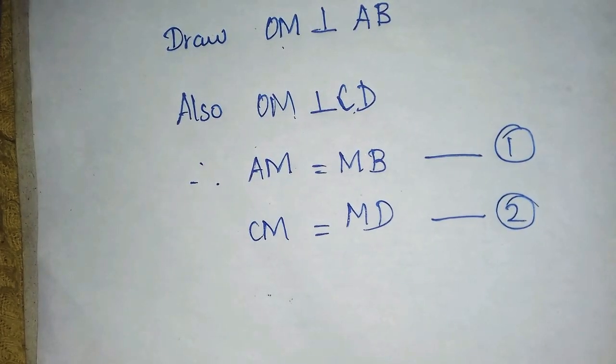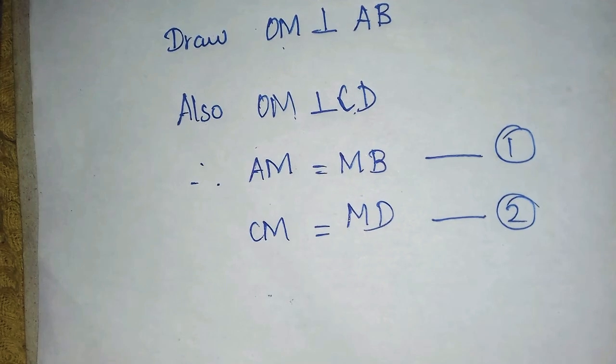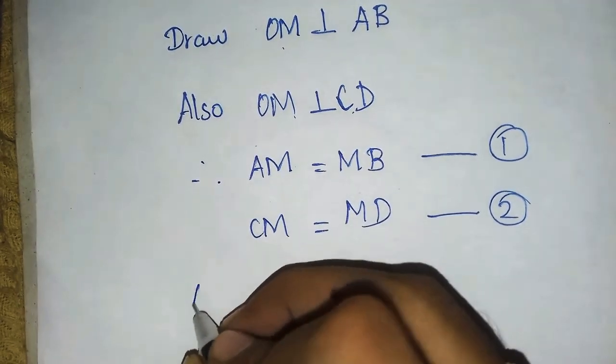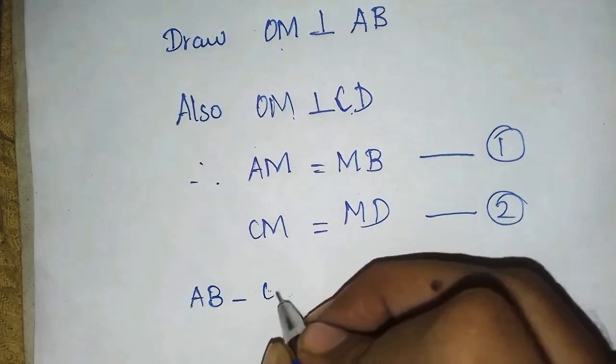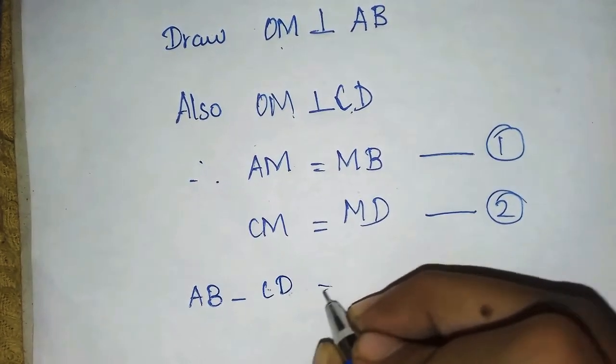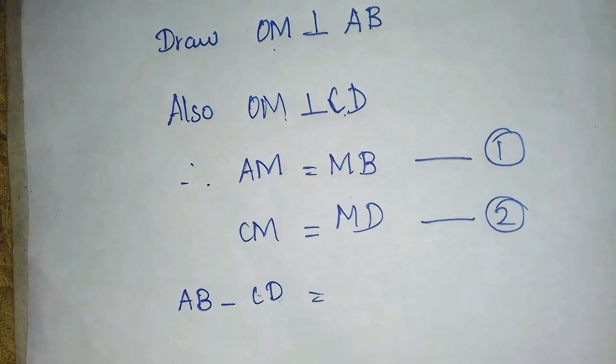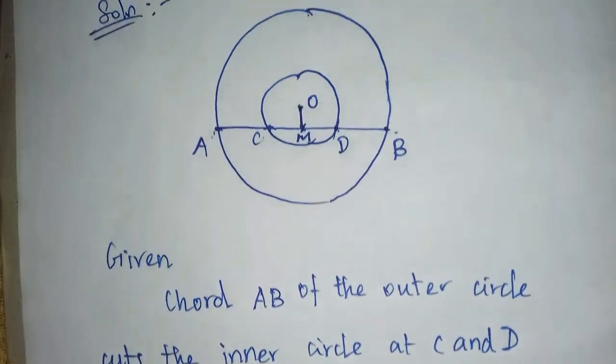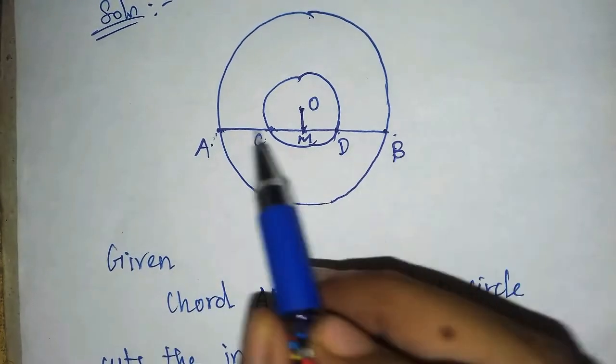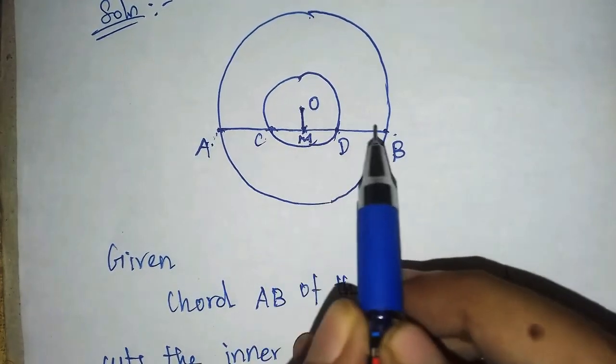Now what do we have to find? AB minus CD is equal to 2AC. So first let us write the left hand side. AB minus CD is equal to, what is AB? AB can be written as AM plus MB.